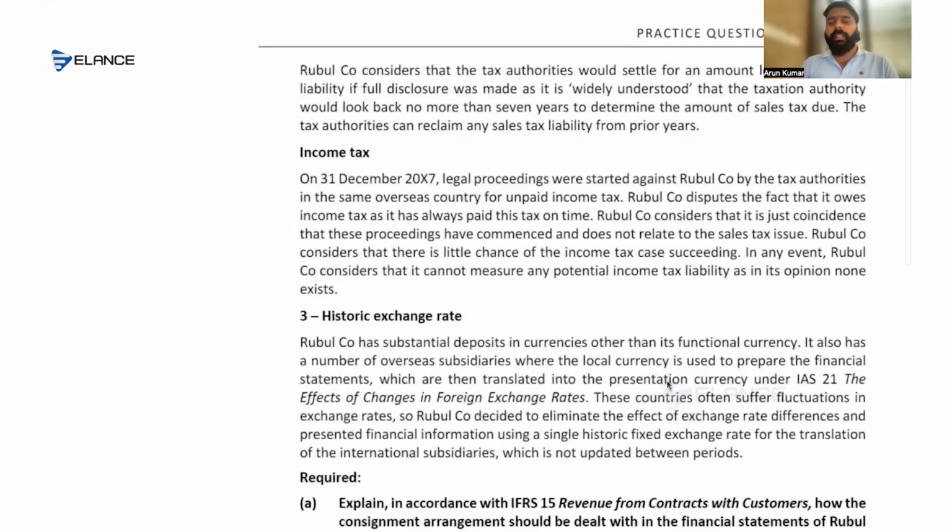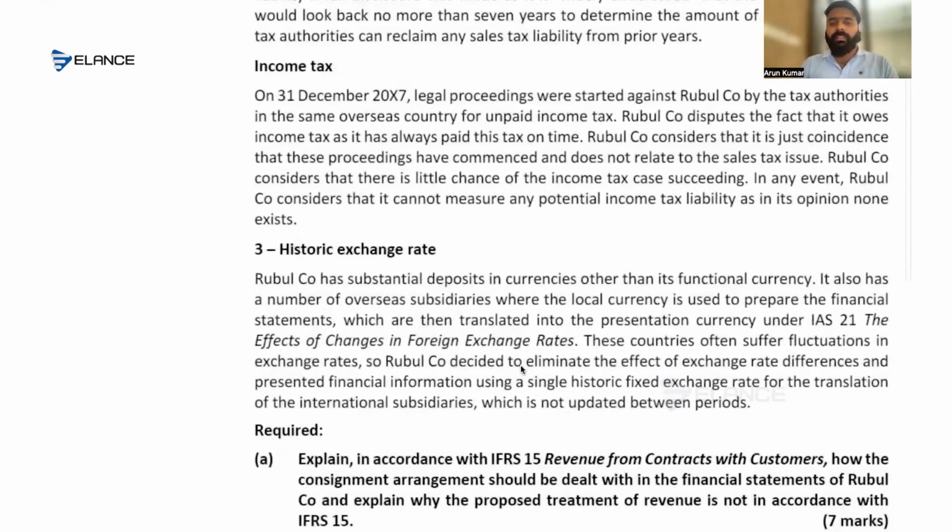Fine. So what about this exchange rate? Rubel has substantial deposits in currencies other than the functional currency. So deposits, is it a monetary asset or a non-monetary asset?